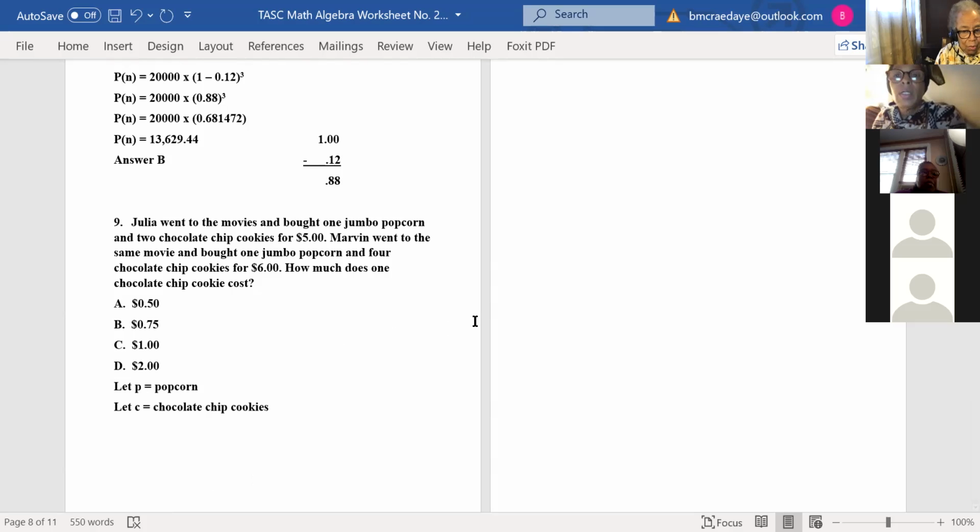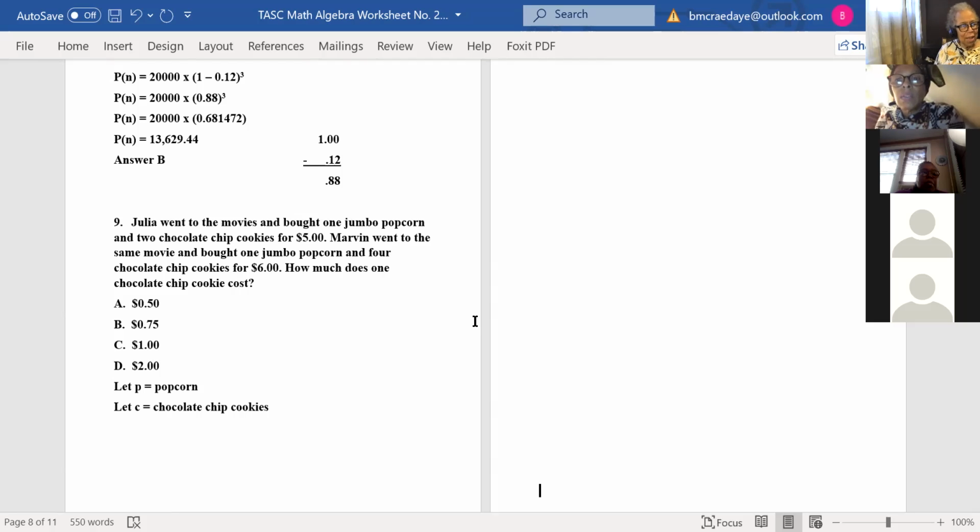Julia went to the movies and bought 1 jumbo popcorn and 2 chocolate chip cookies for $5. Marvin went to the same movie and bought 1 jumbo popcorn and 4 chocolate chip cookies for $6. How much does 1 chocolate chip cookie cost?